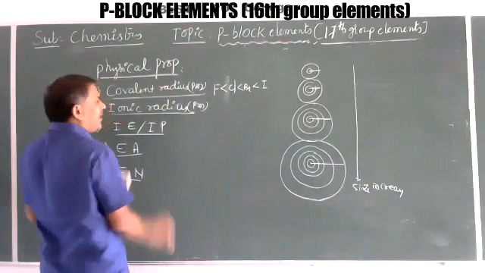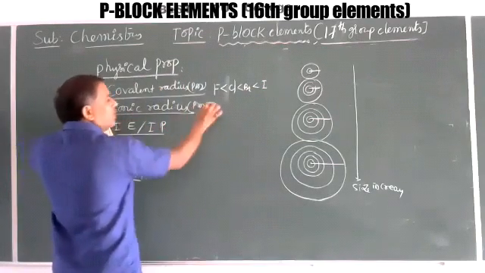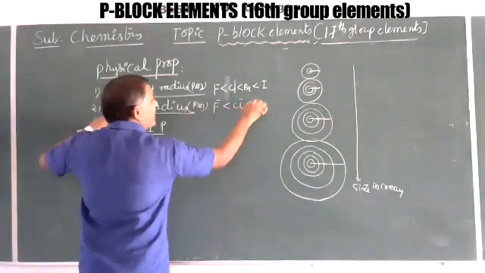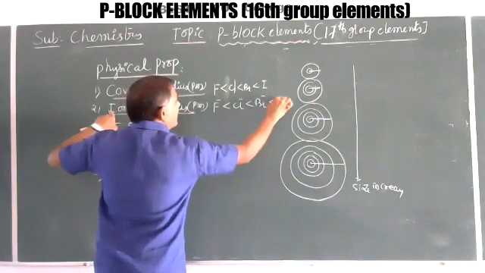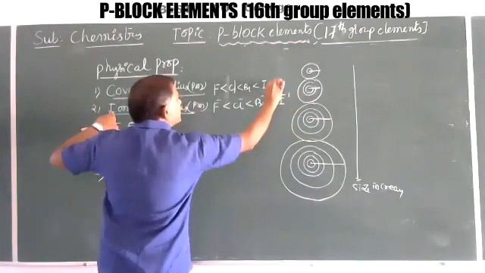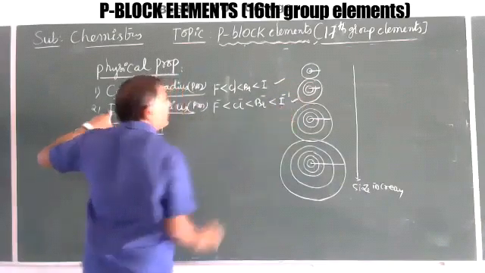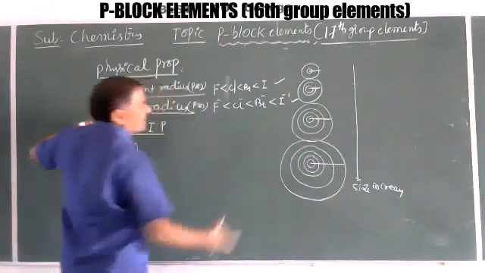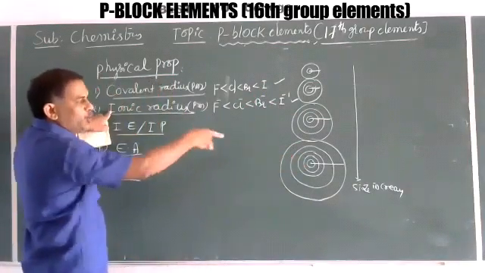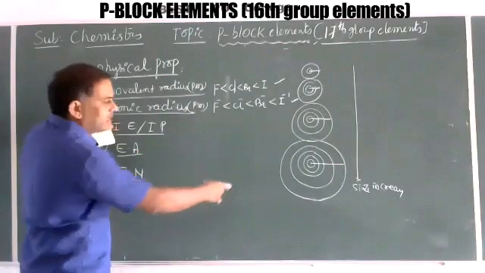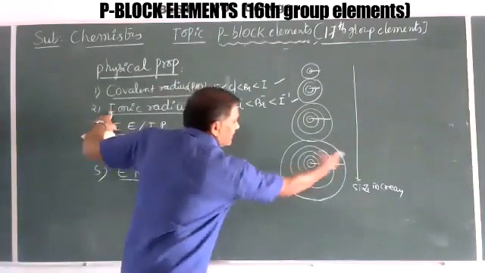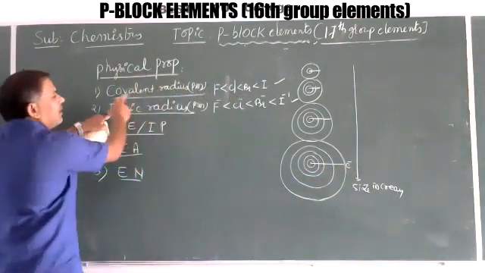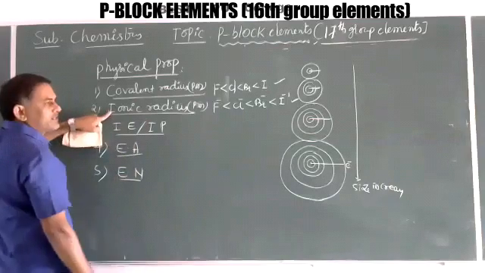Ionic radius also: F minus is less than Cl minus, is less than Br minus, is less than I minus. So both covalent radius and ionic radius increase because from top to bottom atomic number increases, a newly added electron enters into a new main energy level, and the distance between the center of the nucleus and the outermost orbit increases.